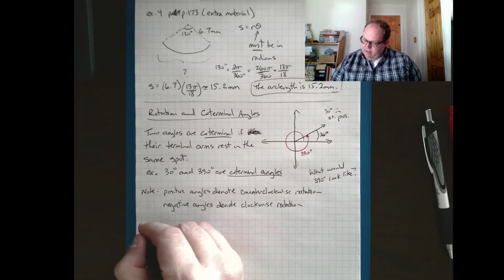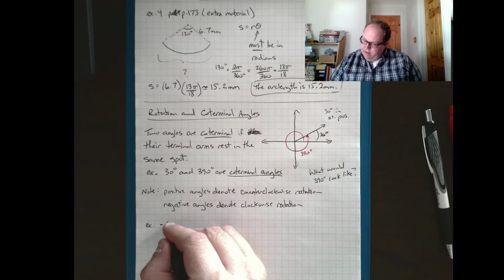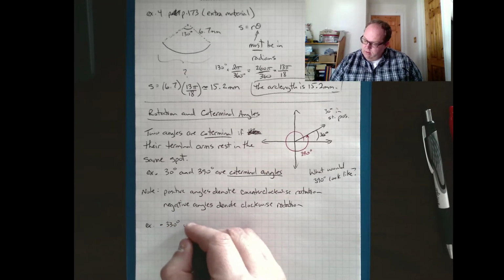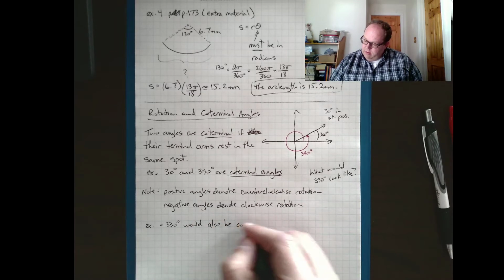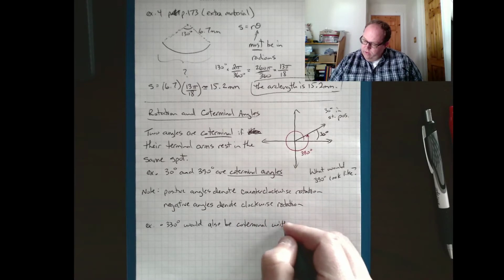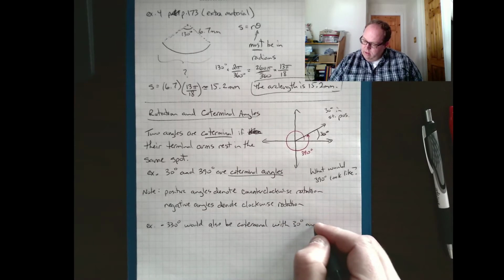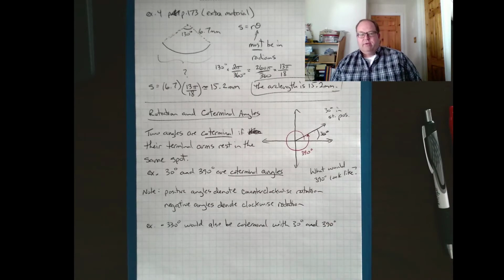And for an example of that, negative 330 degrees would also be coterminal with 30 degrees and 390 degrees.